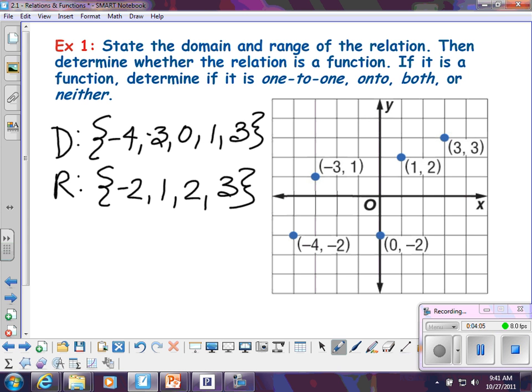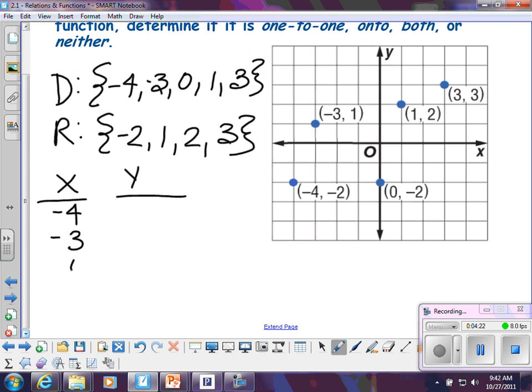Okay, I'm going to pause this so we can discuss it. Okay, so I'm going to put all my x's. Then I'm going to put all my y's. Ooh, I don't want to draw the line between it. Okay, my x's are -4, -3, 0, 1, and 3, right?